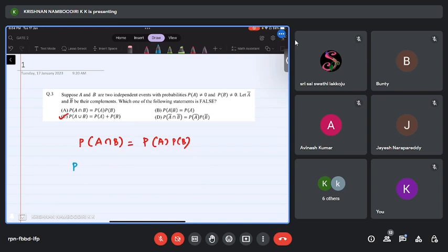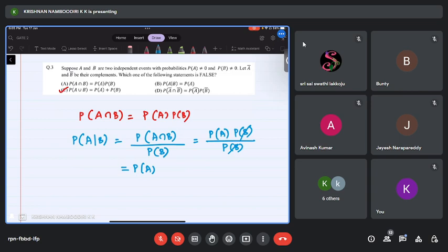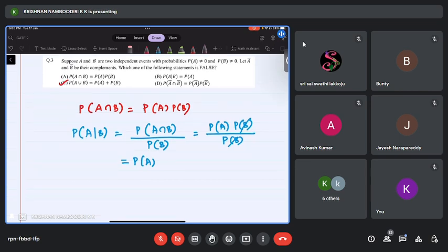For two events A and B, the conditional probability of A given the event B is defined as the probability of A intersection B divided by probability of B. When A and B are independent, you can write the numerator as P of A into P of B, and in the denominator there is already one P of B which will get cancelled out, and it is equal to P of A.